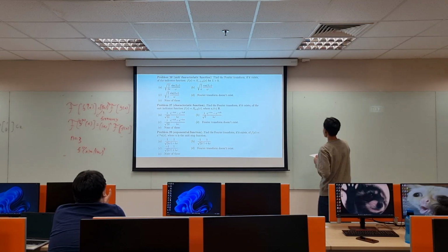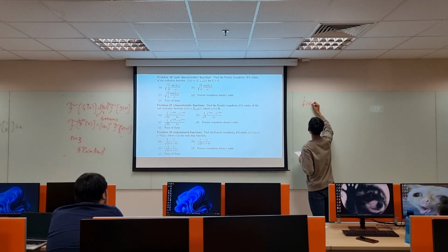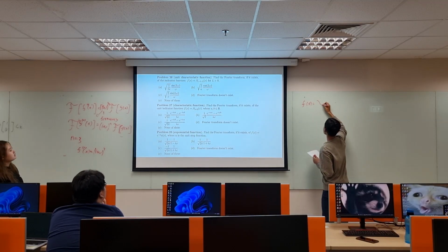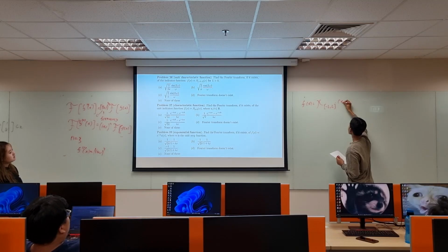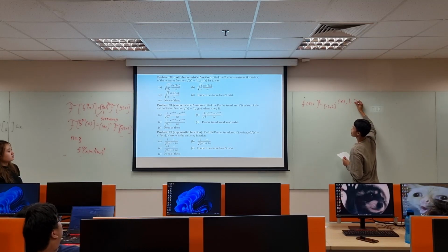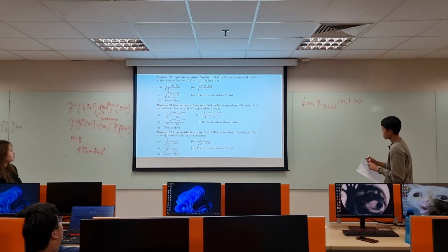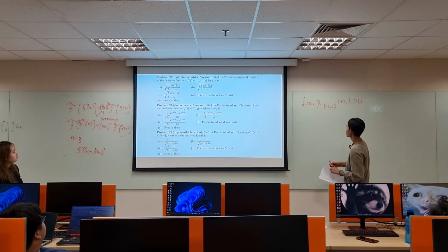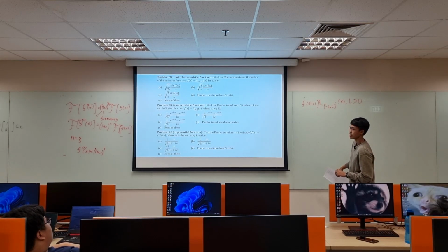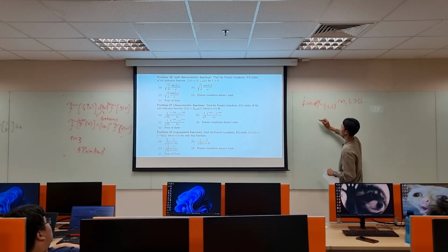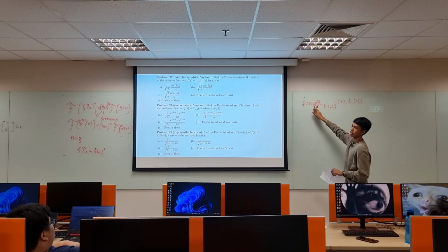What is f of x? It is chi from negative L to L of x, where L is bigger than 0. So it's basically saying that in the interval from minus L to L it is 1. This is a notation: if we say it is e to the power of x, then in the interval from minus L to L the function will be e to the x.